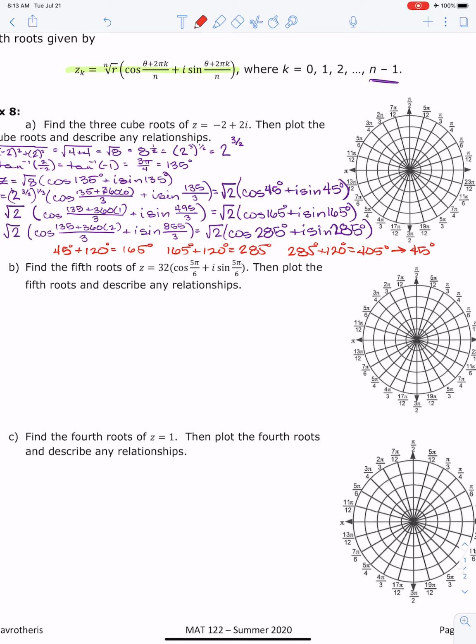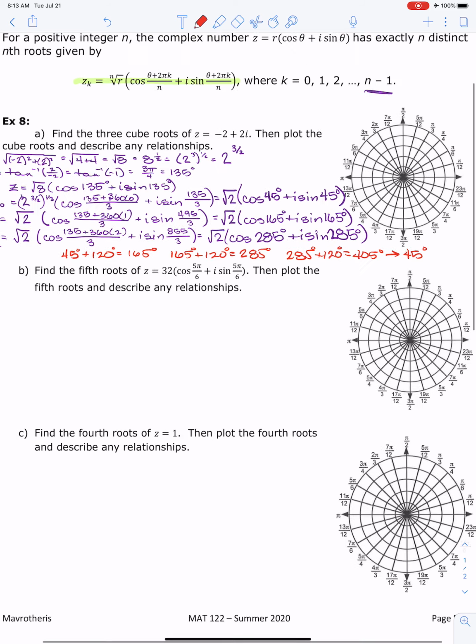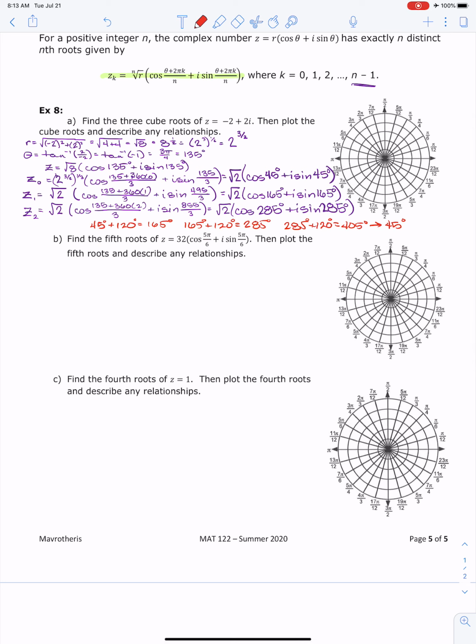Those are coterminal. Why 120? Well, 360 divided by 3 is 120. So when we're looking for the cube roots, notice that our 3 cube roots are spread apart equally around our circle.